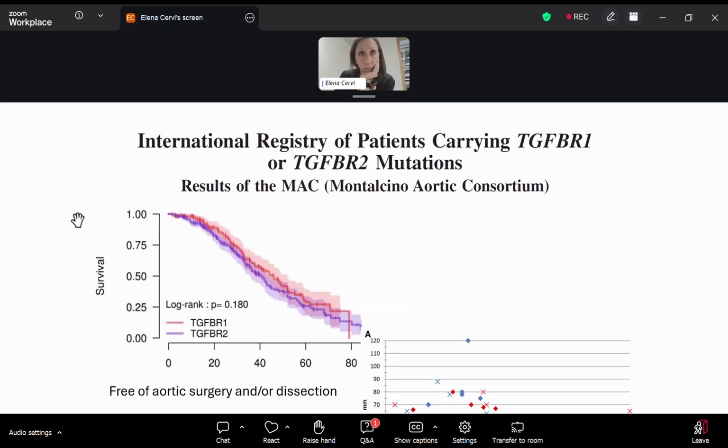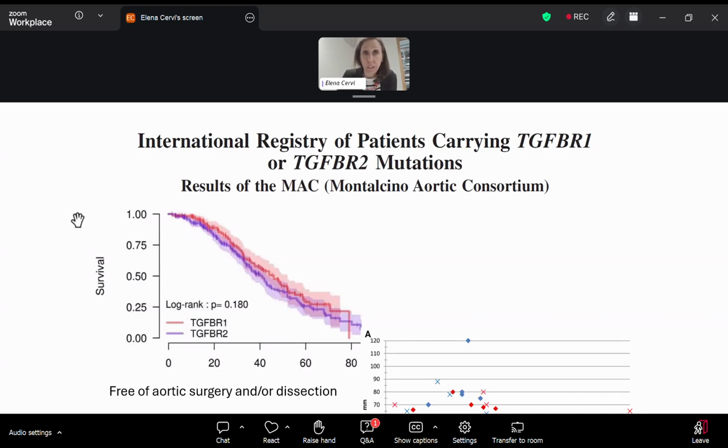And this is some data from MAC, the Montalcino Aortic Consortium. Again, it is an attempt at genotype-phenotype correlation and risk stratification based on your mutation. So how TGF-beta receptor 1 compares to TGF-beta receptor 2, and what happens in terms of events and elective surgery.